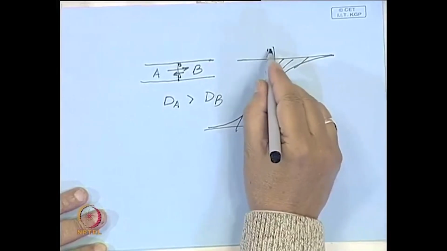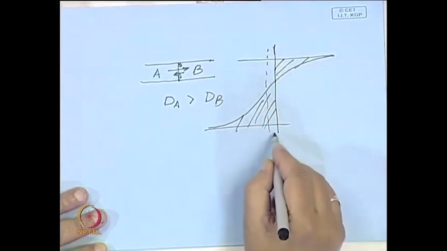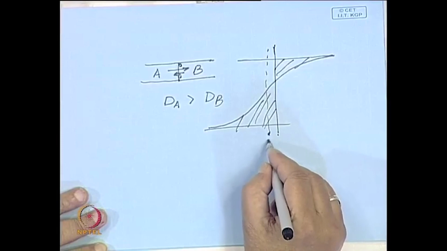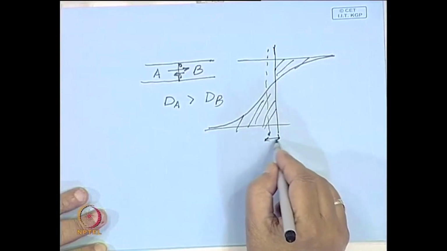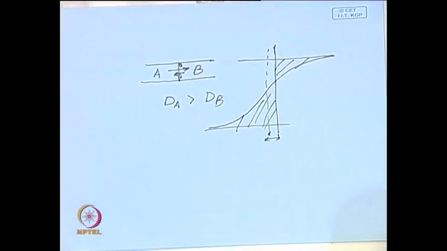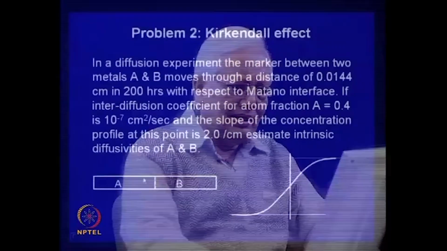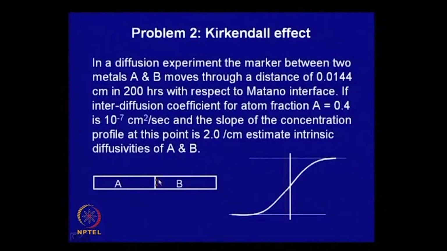So, there will be a gap between this Matano interface and the marker. And here is a hypothetical experiment that has been conducted with the two metals A and B, and here is a marker placed over here.